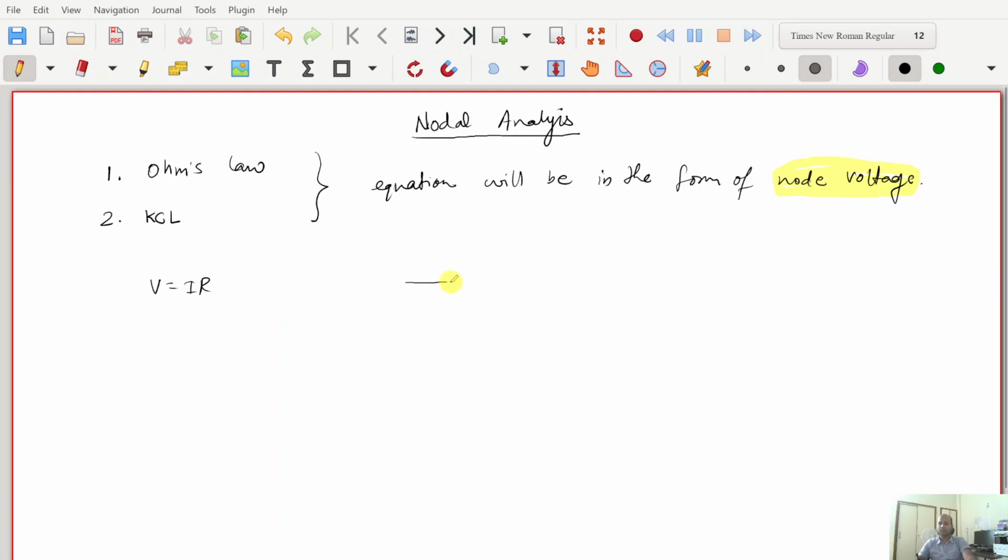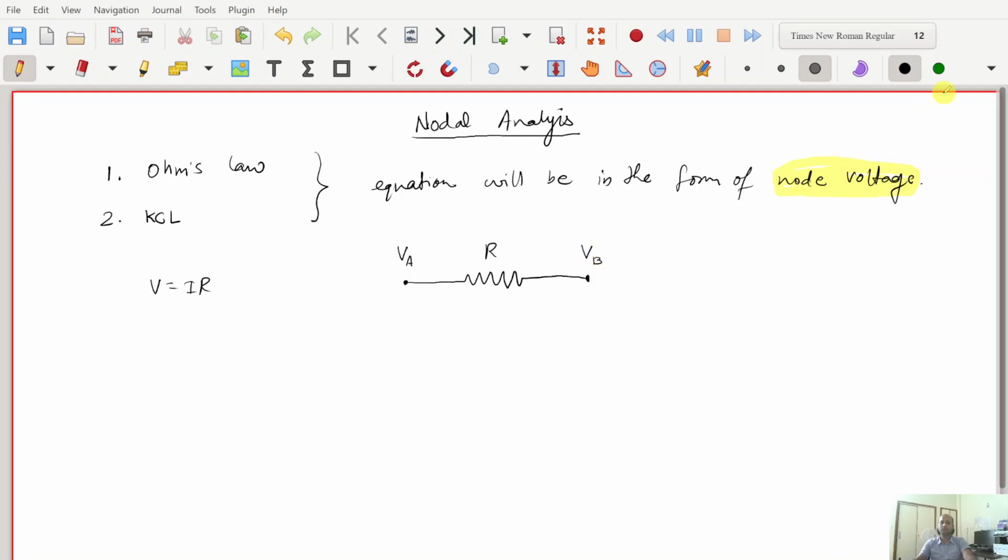Let us assume that we have a resistor of value R. This resistor has two terminals. Let us call the left terminal VA and the right terminal VB.